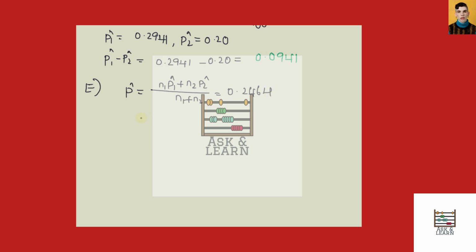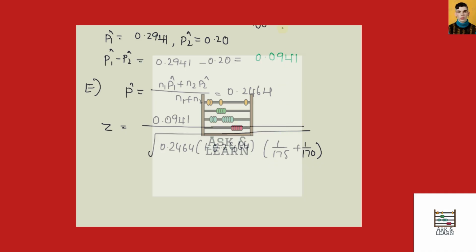So then Z is equal to, difference is 0.0941 divided by square root of 0.2464 into 1 minus 0.2464 into 1 by 175 plus 1 by 170. So by calculating we get Z value will be equal to 2.0256.